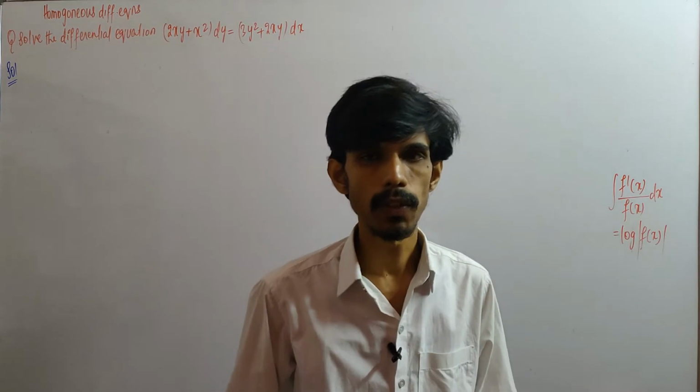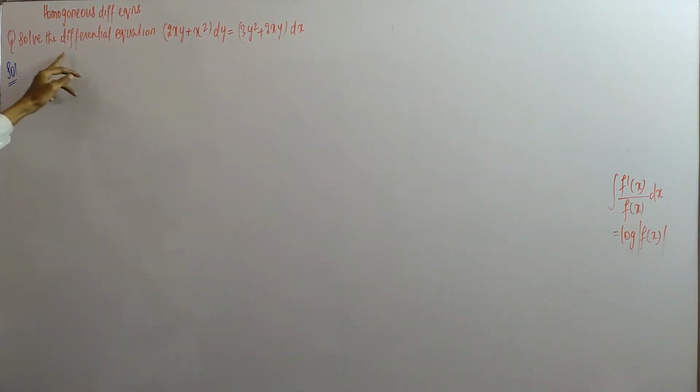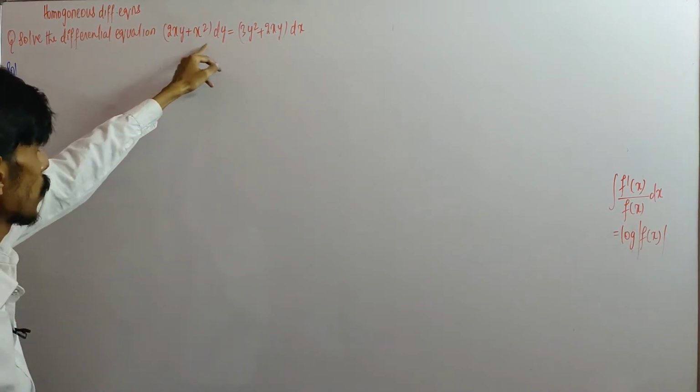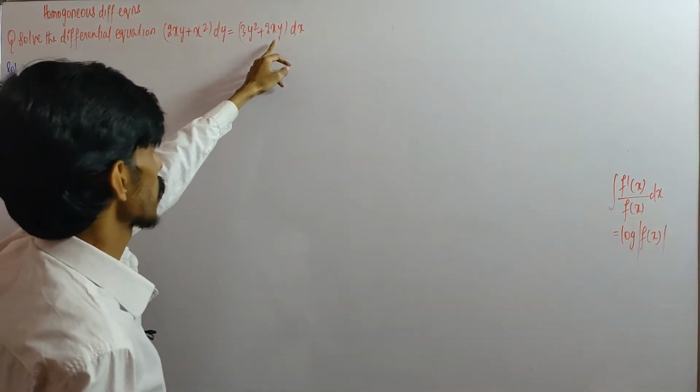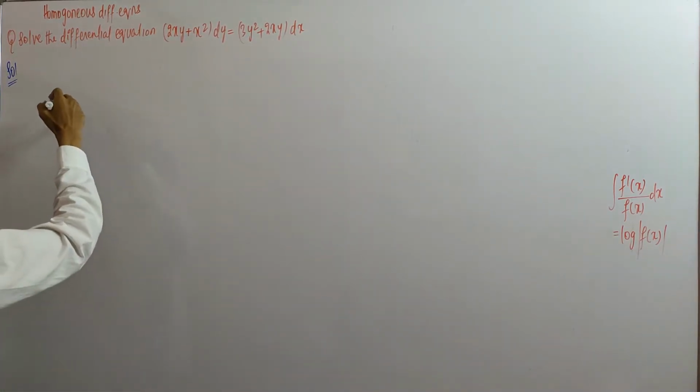Now let us see the solution of a homogeneous differential equation. Here we have to solve the differential equation (2xy plus x square) dy is equal to (3y square plus 2xy) dx. Let me write down the given equation.